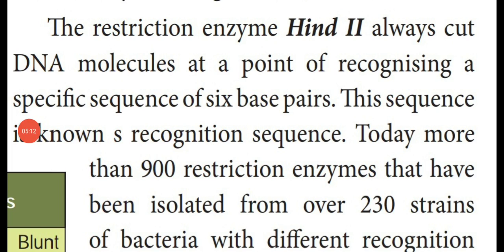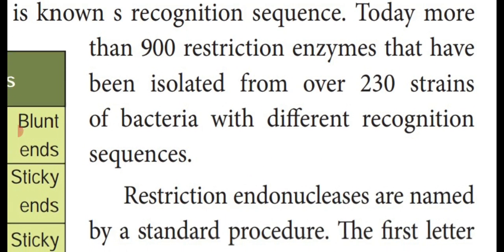Another restriction enzyme is HindII, which is also used to cut the DNA molecules at recognition sites due to the 6 base pair content. This sequence is known as the recognition sequence. Nowadays, 900 restriction enzymes are discovered in 230 different strains of bacteria.